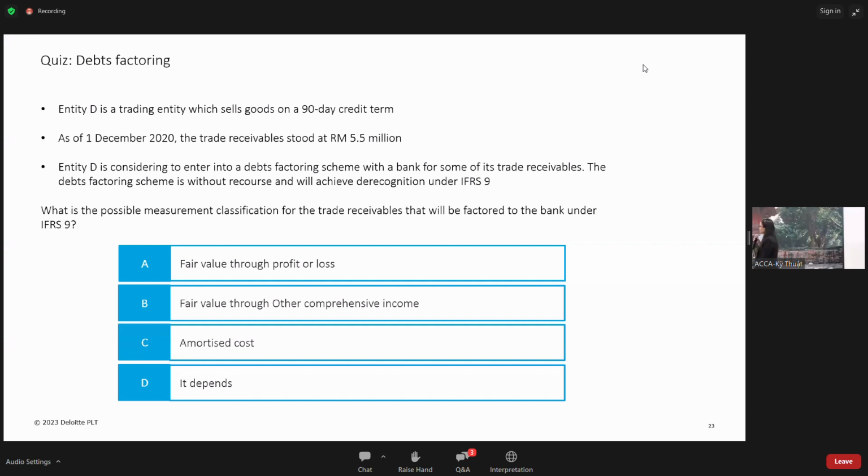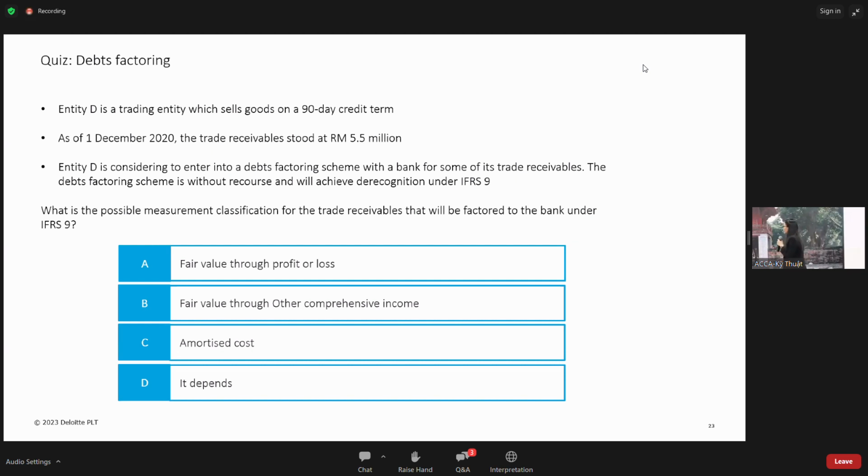So the debt factoring scheme is without recourse and will achieve derecognition under IFRS 9. Without recourse means if the bank cannot collect it, it is its risk. It won't come back to entity D and say, this one I cannot collect, now I pass it back to you. If it's with recourse, entity D will take back that risk.